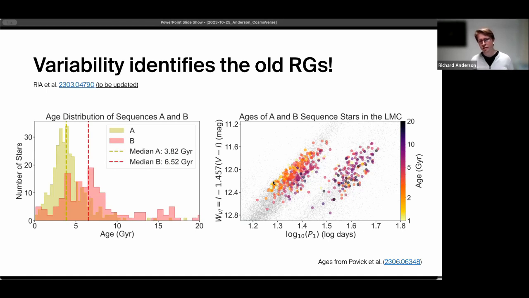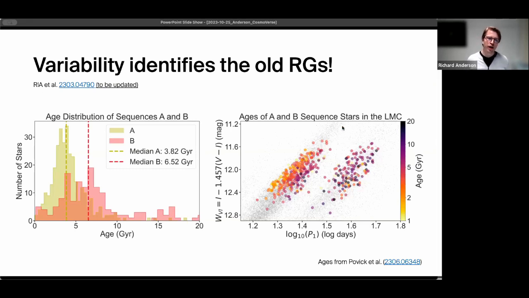And so essentially, you see here that you have a significant age gradient on sequence A that moves from the left to the right, so from shorter to longer period. So the stars essentially will climb towards the TRGB and then eventually jump over. But it's not so clear exactly when they will do this.